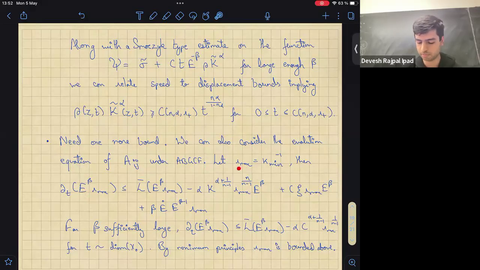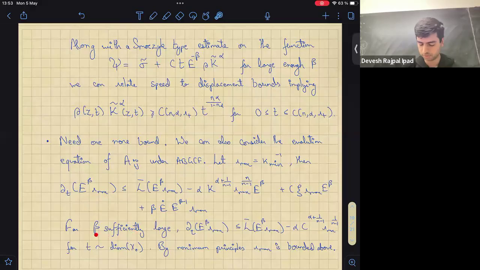If I denote R max as the inverse of kappa min, the lowest curvature, and this will be the highest inscribed radius, then it will satisfy also a parabolic equation. I can apply maximum principles on it.